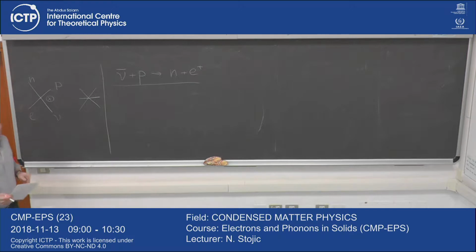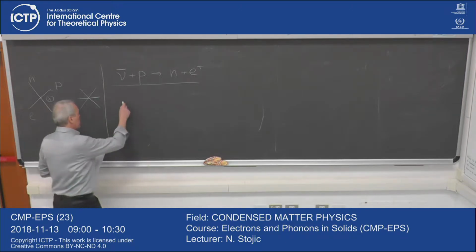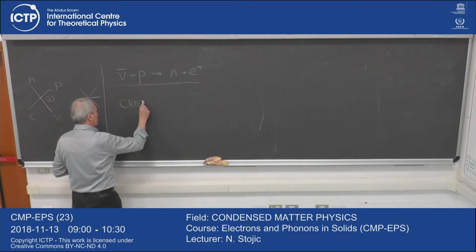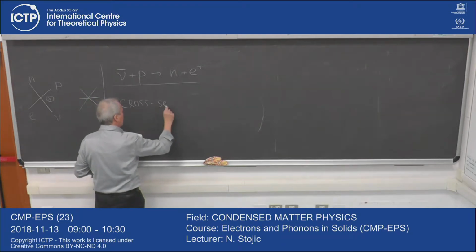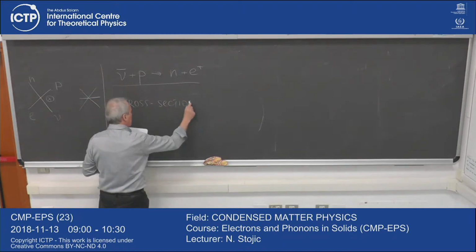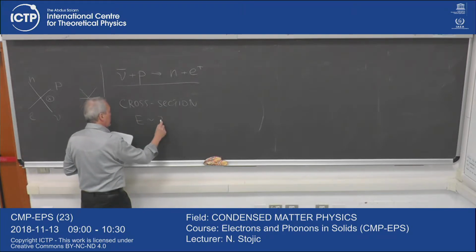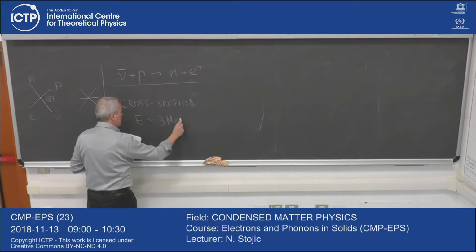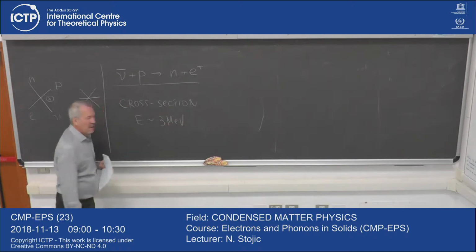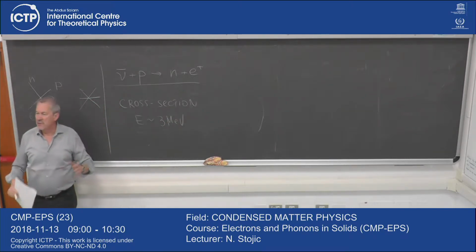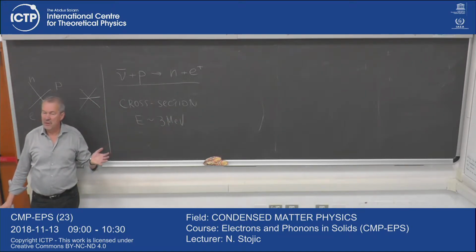So let us compute the cross-section of this process at energies of neutrinos, say about 3 MeV, 3-5 MeV. Those are the energies which were used to discover the neutrino, and these are typical energies from beta decay.